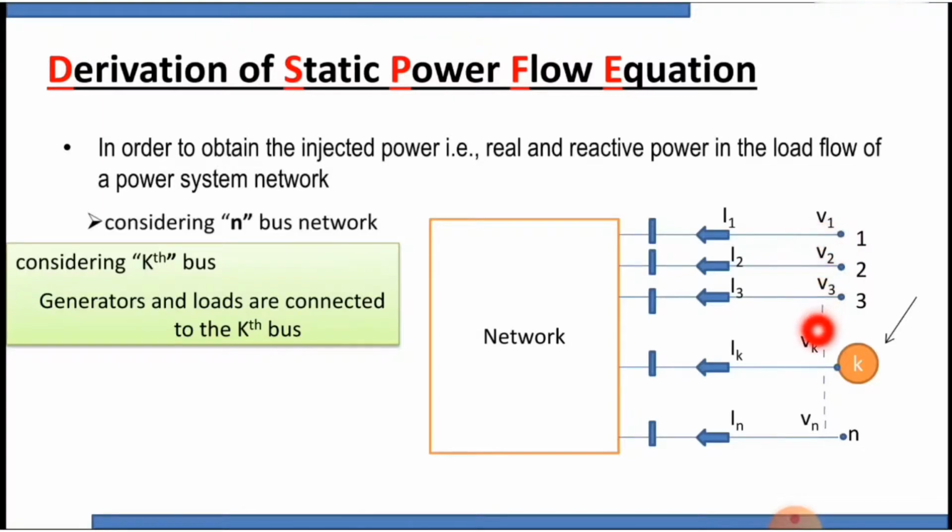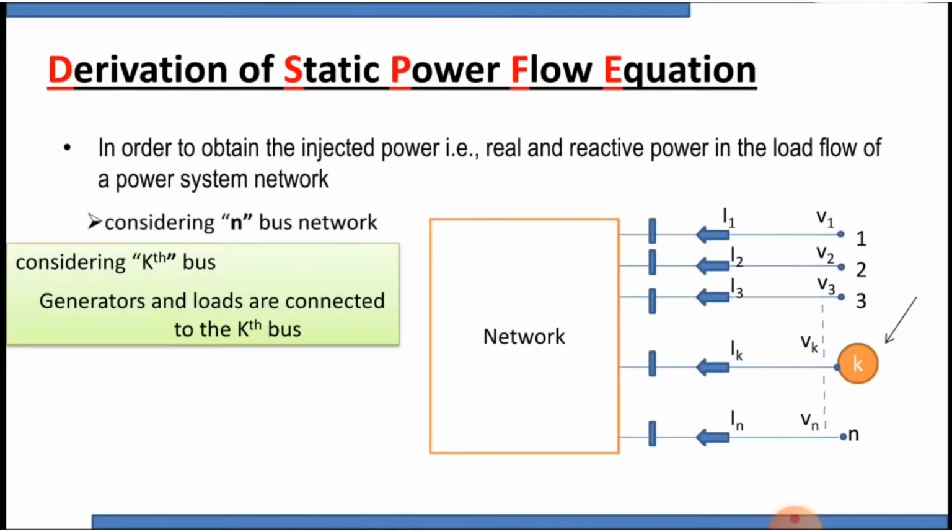These voltages V1, V2, V3, Vk and so on Vn, and the currents I1, I2, I3, Ik and so on In are the voltages and currents at the buses 1, 2, 3, k and n respectively.